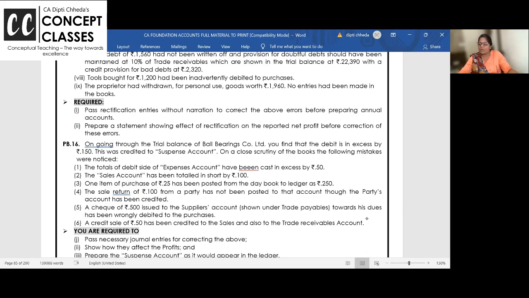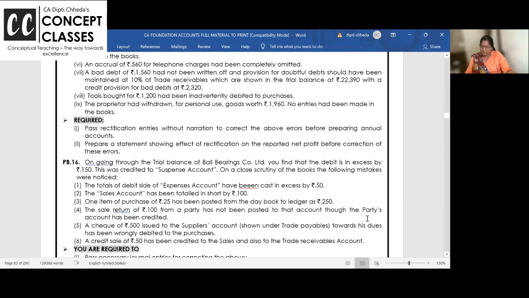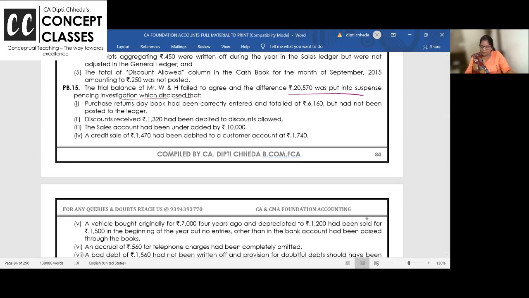We can show them. The trial balance we will see, because the suspense account is showing a balance of say 2570, but which side? Let's see. Okay? Chalo, let us do this question in class together.